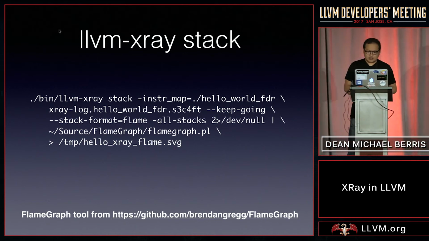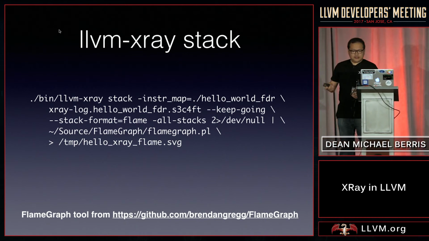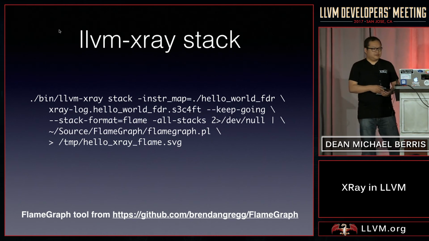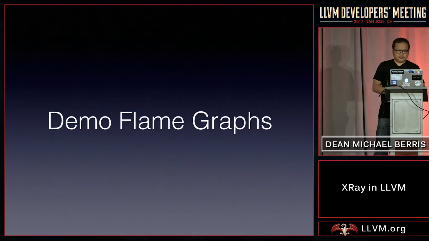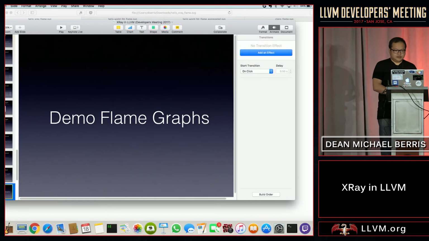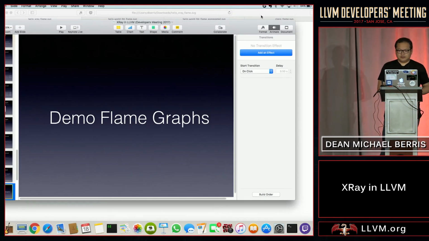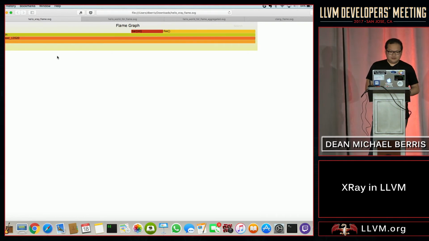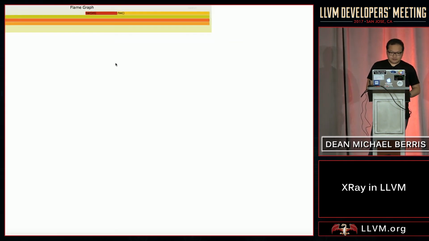The flame graph tool is available open source, released by Brendan Gregg, and so we're basically just going to use that. I prepared some because I learned from the best.